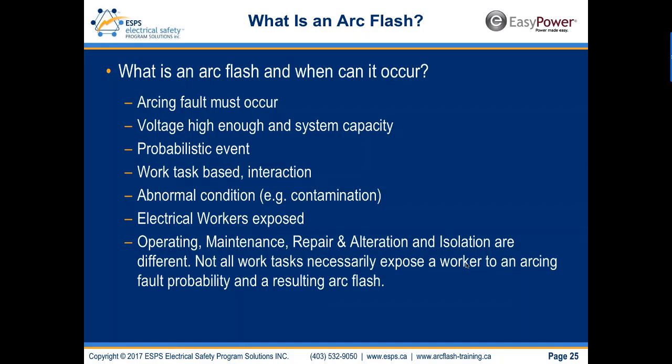It's probabilistic, work task-based interaction, and/or abnormal condition, as an example, contamination with no worker interaction. 70E and Z462 are work task-based documents. The whole discussion needs to start with what is the work task being performed on the energized electrical equipment.